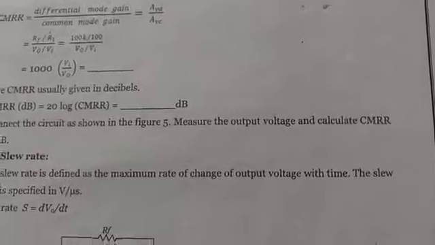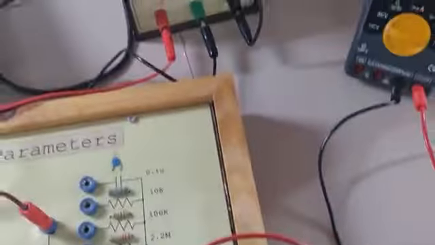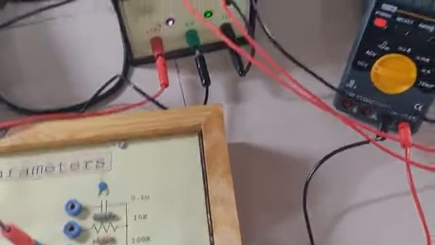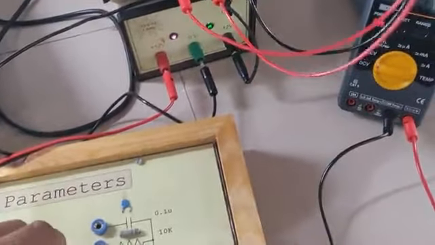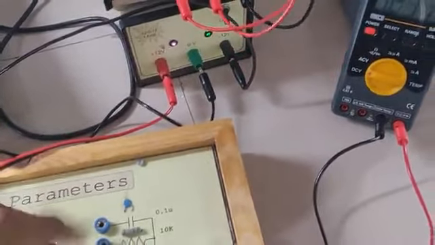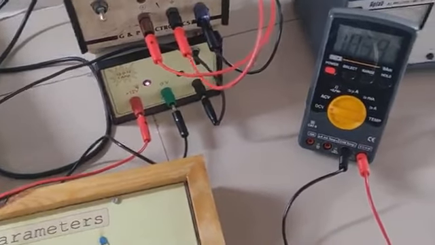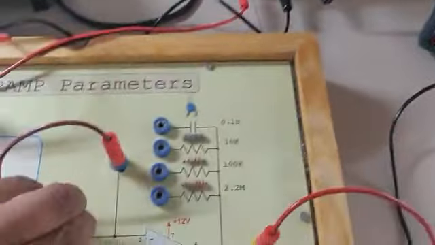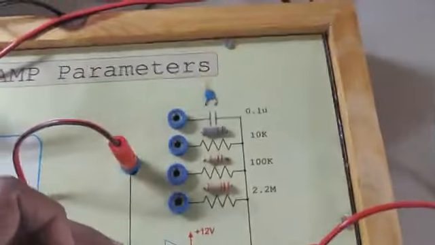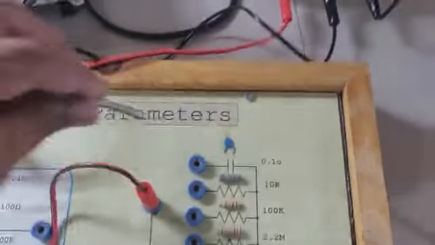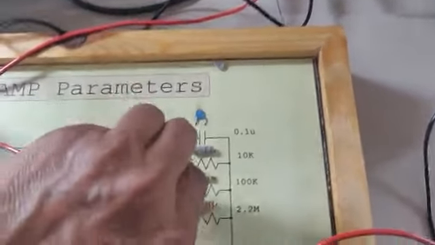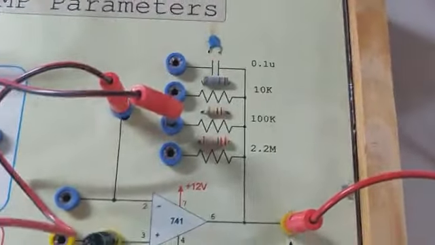So let us connect this circuit this way. This pin number 2 is connected to 100K, the second resistance in this one.